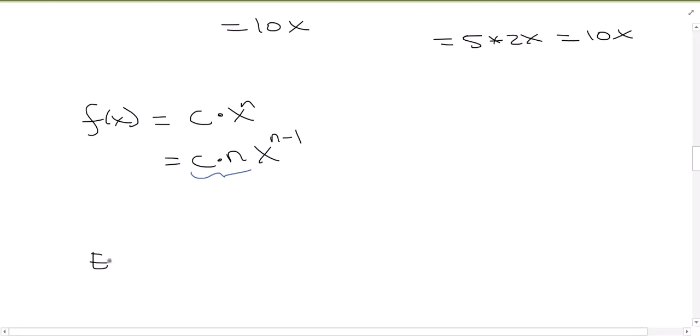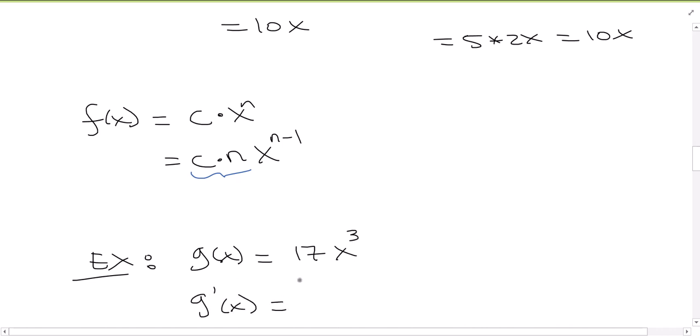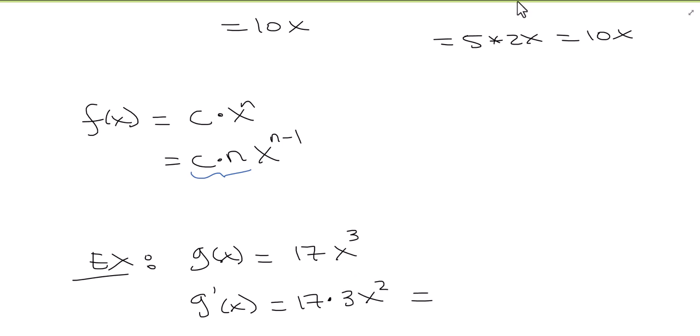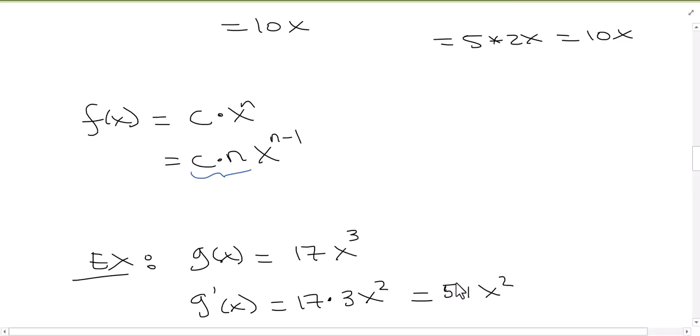A quick example: say g of x is 17x cubed. What is the derivative of that? Well, my c stays, so 17 times the derivative of x to the third, which is 3x squared. Which then gives us 51x squared. And so that is our constant multiple rule.